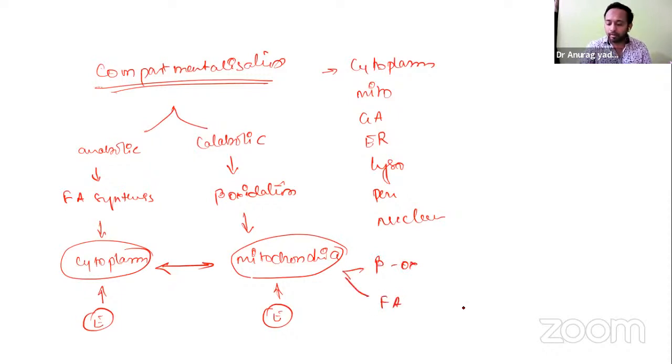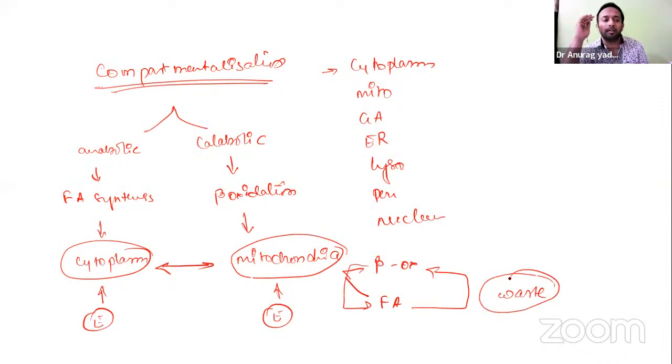When you synthesize fatty acid, it is broken down by beta oxidation. End products of beta oxidation are utilized for fatty acid synthesis. It becomes a loop where you are wasting the energy, wasting the whole reaction pathways. So to reduce that, what the body has chosen is compartmentalization.